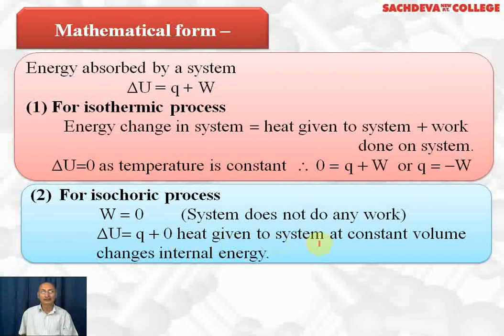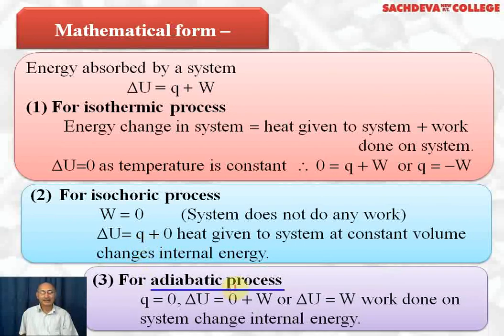Heat given to the system at constant volume changes the internal energy. I can also define it like this, that internal energy change is equal to heat exchange with the surroundings at constant volume. That is, constant volume means that the process is carried out in a closed container.